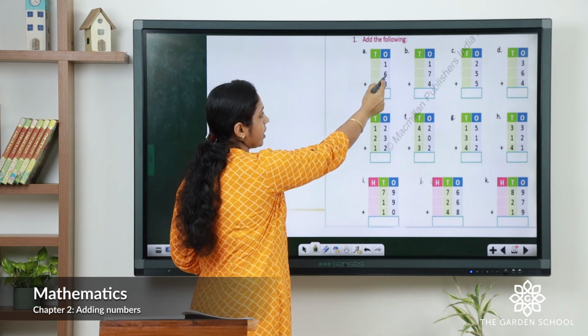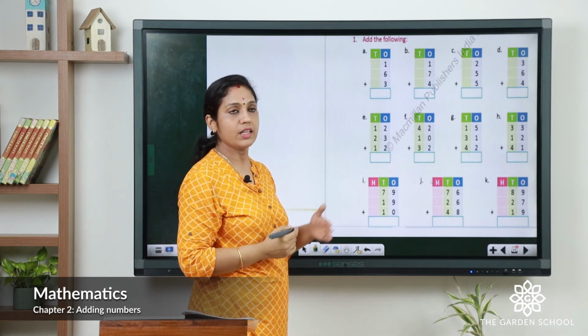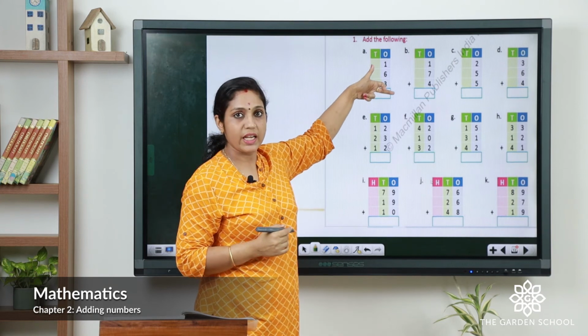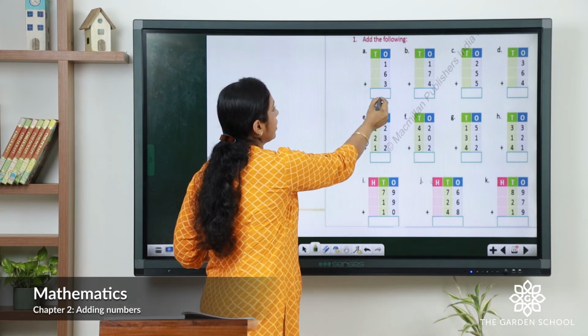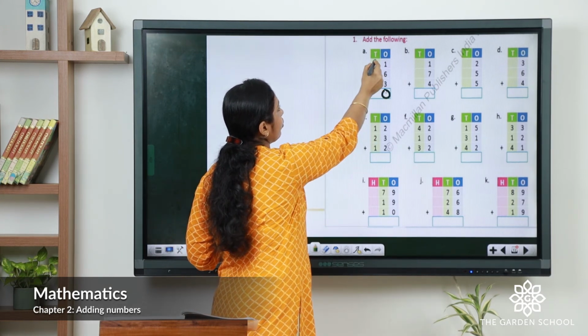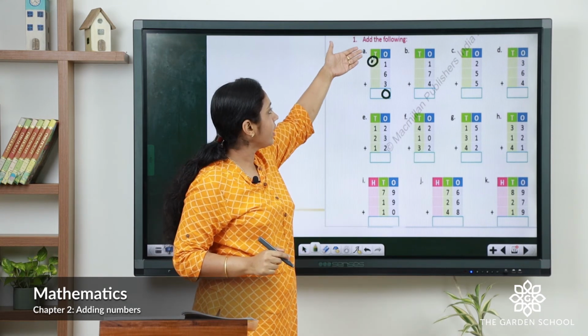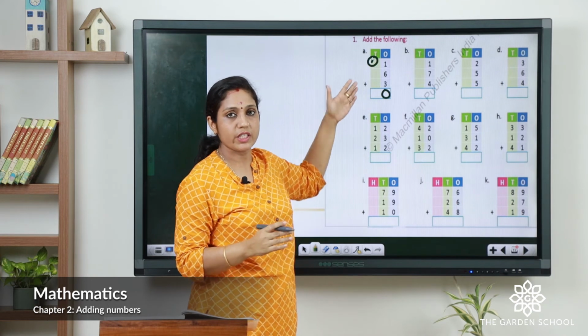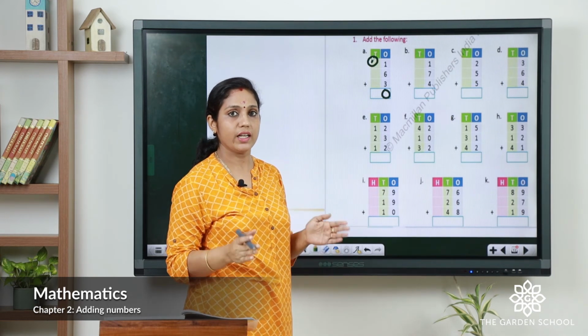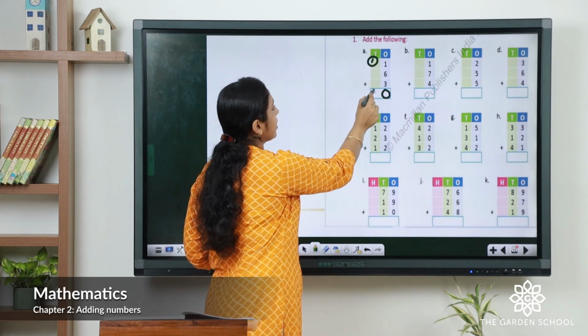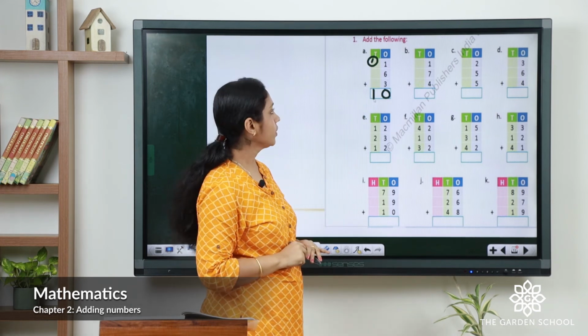So, 1 plus 6 is 7. 7 plus 3 is 10. So, we will write 0 here and 1 we are carrying it over to the tens place and then we are writing that one with the answer because there are no other numbers for us to calculate in the tens place. So, the answer is 10.